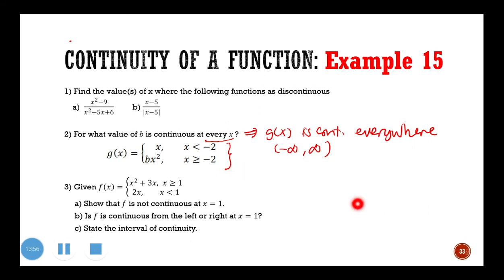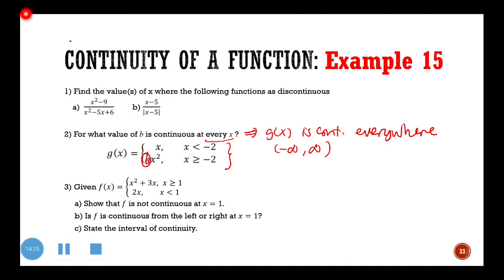So for this case, we want to find the value of b that will make this function continuous everywhere. If we find the wrong value of b, it will make x equals negative 2 a point of discontinuity.